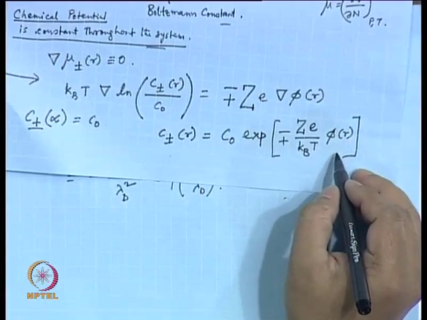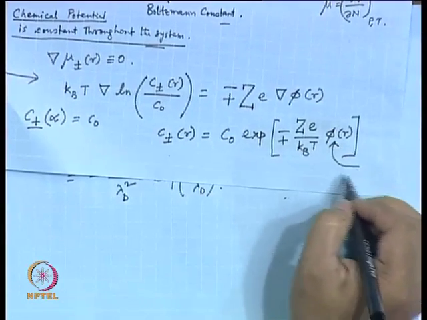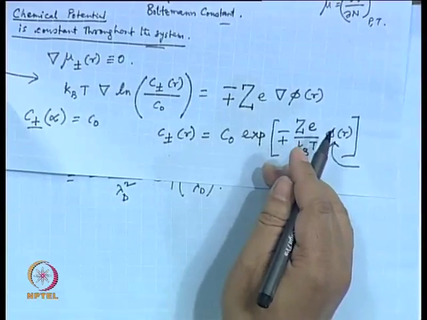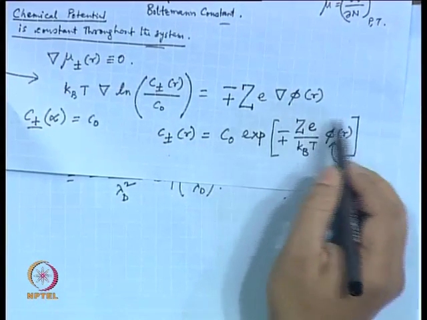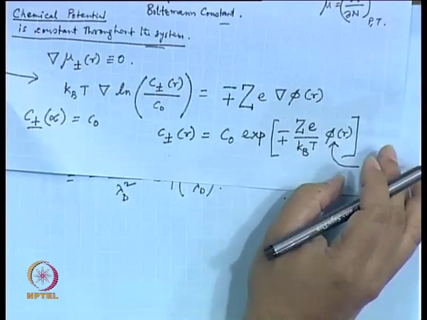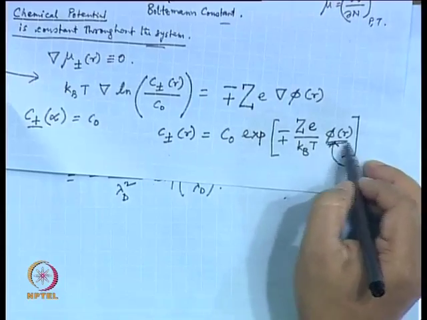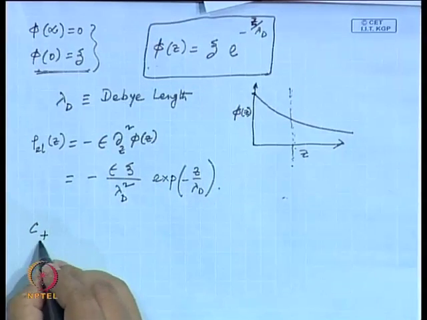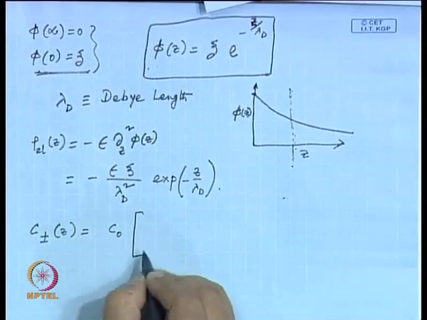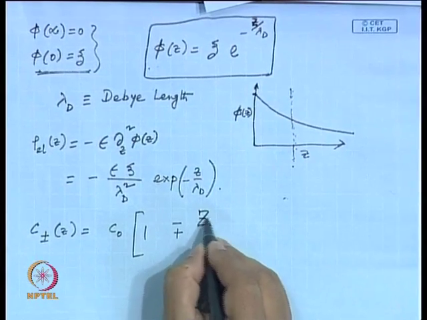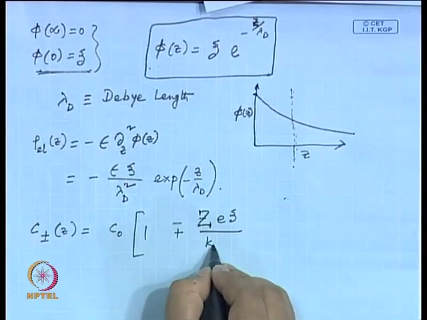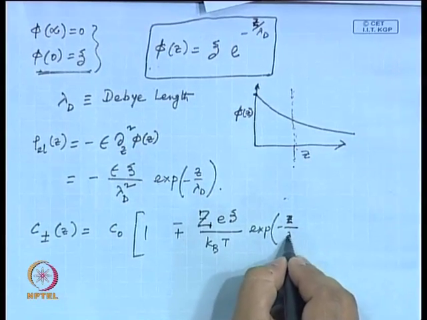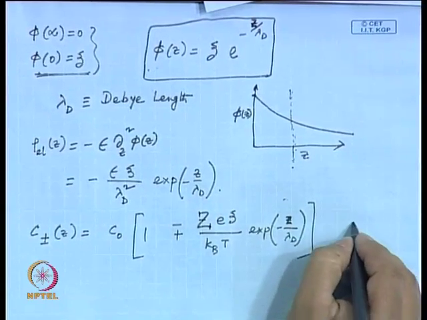If we expand this e to the power quantity in Taylor series, and put this zeta in place of phi, what you will get is C is equal to C0 times 1 minus z E zeta divided by kBT, where z is the valence number, times exponential of minus distance z by lambda d, for z greater than 0.